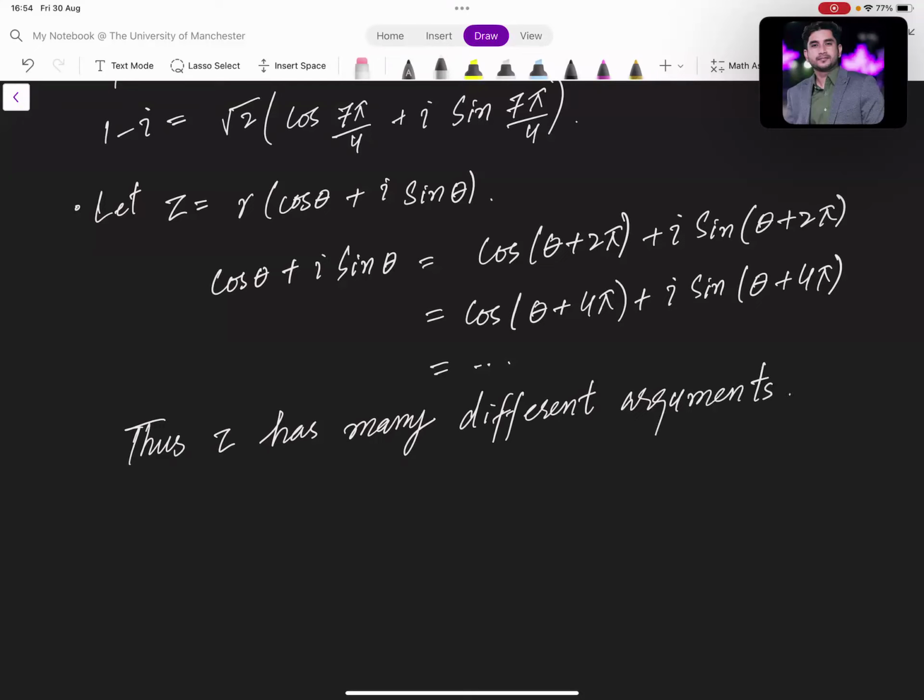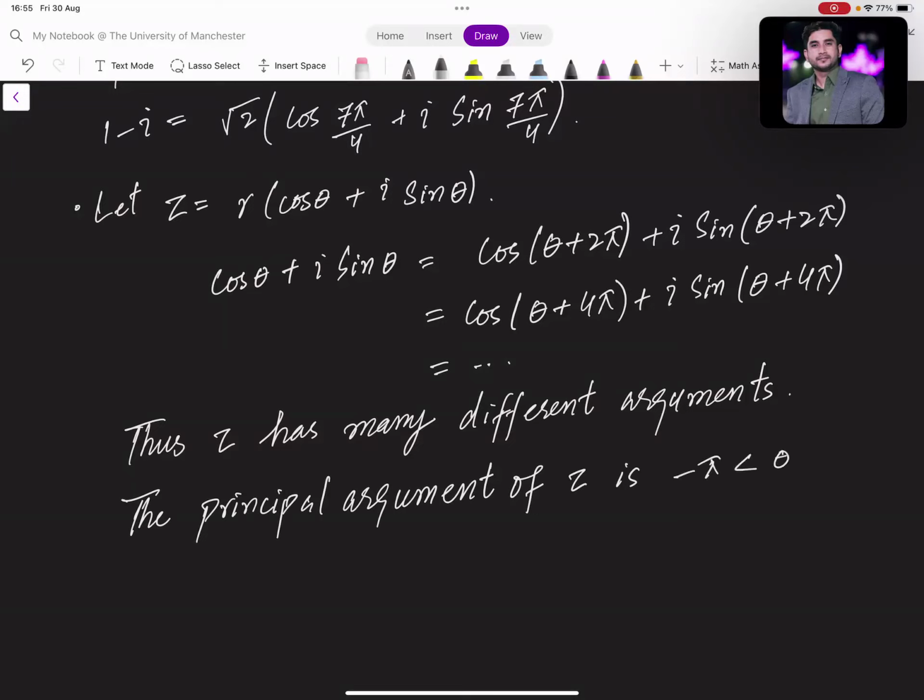There is, however, a unique value of the argument of z in the range between minus pi and pi, and we call it the principal argument of z: minus pi less than theta, less than or equal to pi.